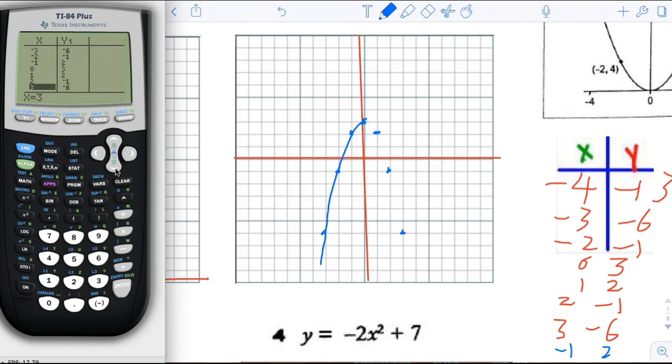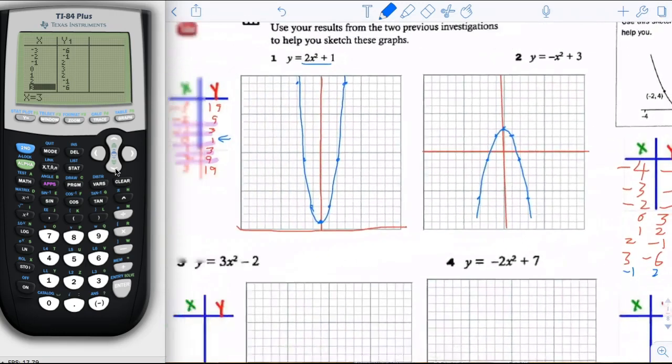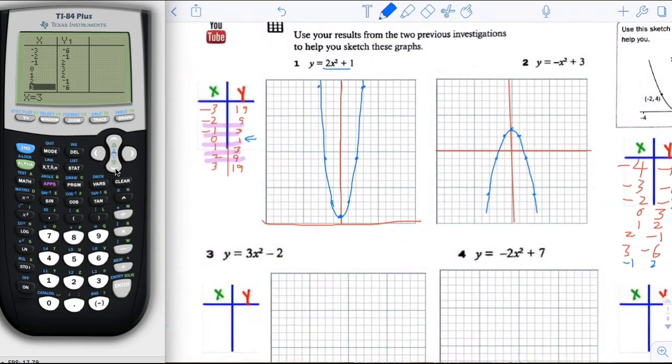Oops. Okay. All right. We already knew that it was going to open down, right? Because if you look at this, we can see that there is a negative before the x squared, and we know that means the a value is negative, and we learned that that meant that it was going to go down.